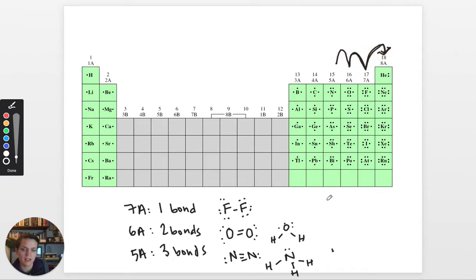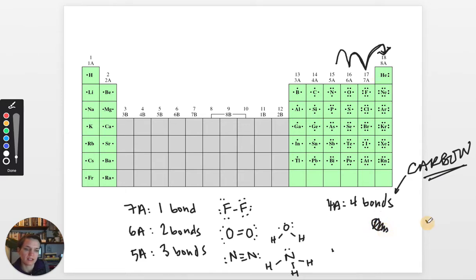Now we have group 4A is going to have a tendency to have 4 bonds. And now this is very much true of carbon. Carbon wants 4 bonds all the time. So example would be, let me get rid of that, sorry, methane. Another example that we've already seen would be carbon dioxide.